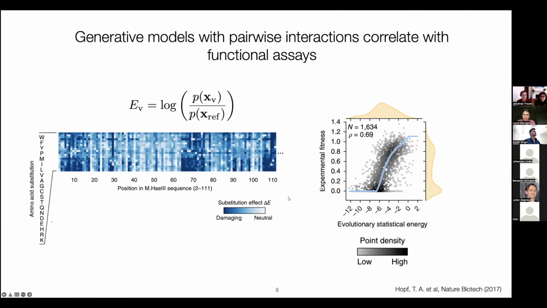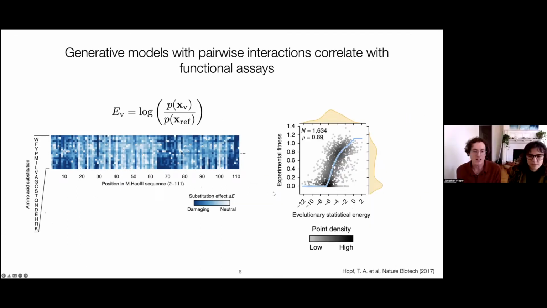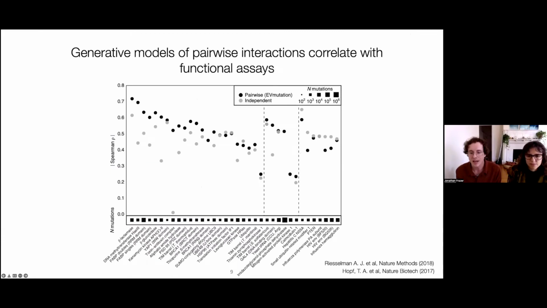To use these as a way of benchmarking the models, we don't look at one deep mutational scan, we collect as many as we can. Here are some examples from the Riesselman et al. paper, and we're hoping to release an update of this soon with many more. The basic idea is that we can compute the Spearman correlation for each of these experiments, and in doing so, we can compare our model's performance across a wide range of experiments.